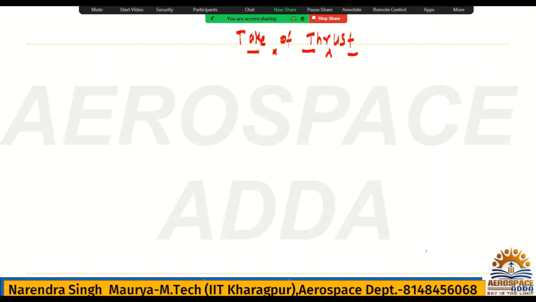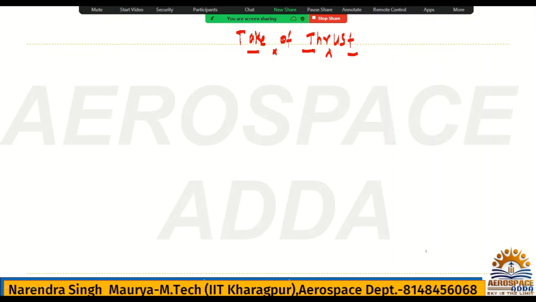So for that reason only, a ramjet engine will be launched by some other device or some other aircraft. A ramjet cannot fly from the ground. The ramjet aircraft will be launched at some altitude with some speed, because they do not have a static thrust.